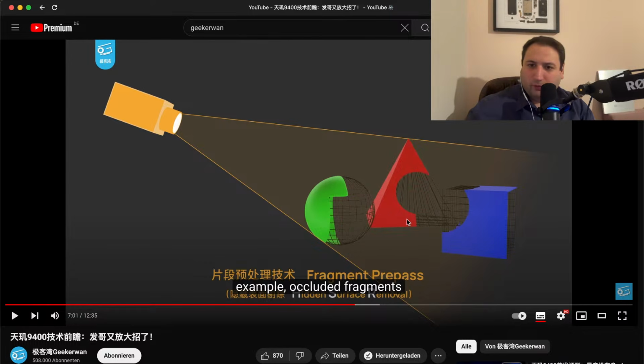That should help out with some RAM utilization, stuff like that as well.